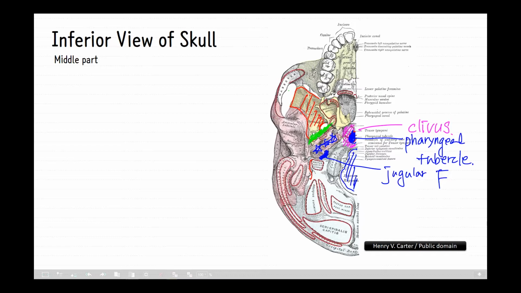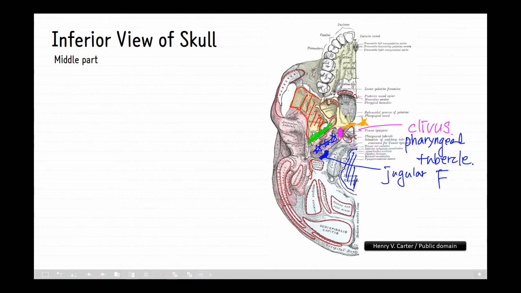The apex of the petrous process does not meet the spheno-occipital synchondrosis. The spheno-occipital synchondrosis is located here, but the petrous process of temporal bone does not meet directly with this spheno-occipital synchondrosis, and there is a deficit made here.